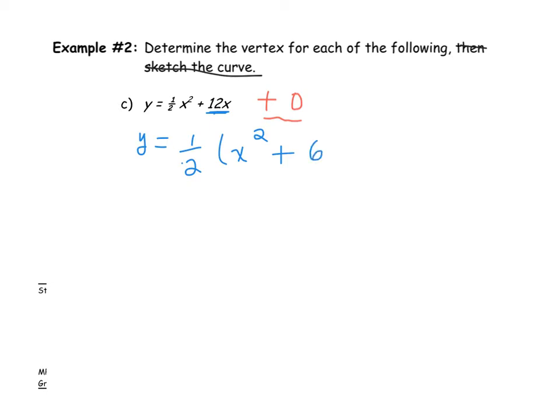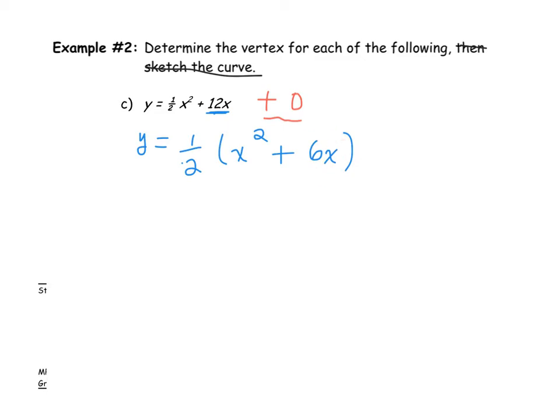So if I put 6x there, then what happens if I go backwards and distribute that 1/2? I should end up with what I started with. Let's see if I do. So 1/2 times x squared does give me 1/2 x squared. 1/2 times 6x does not give me 12x. It gives me half of 6x, which is 3.